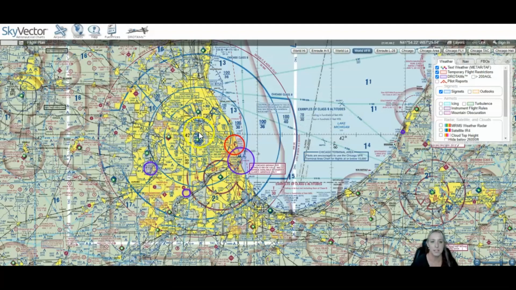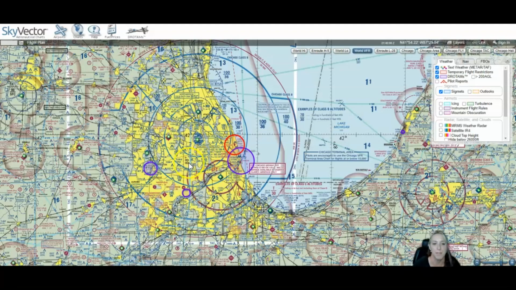Okay. So this inner ring right here starts at the surface of the ground and extends up to 10,000 feet. Then as this radius gets out a little further, it starts at 1,900 feet. You can see right here it's got the 19, which means 1,900, and then a line means the top of it is 10,000 feet.